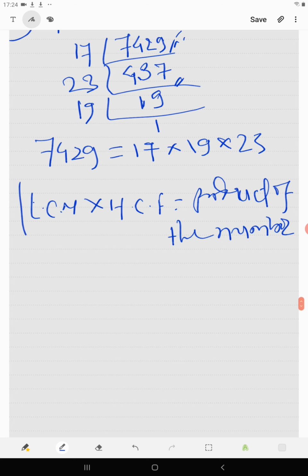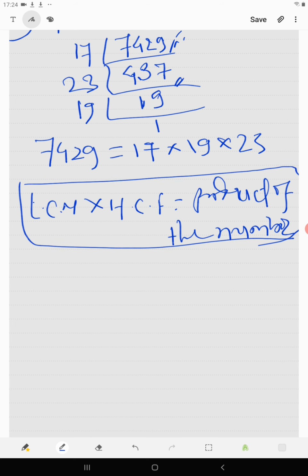This formula is very important. If two numbers are given and either the LCM or the HCF is given, you can easily find the other. We are going to use this formula in the next problems.